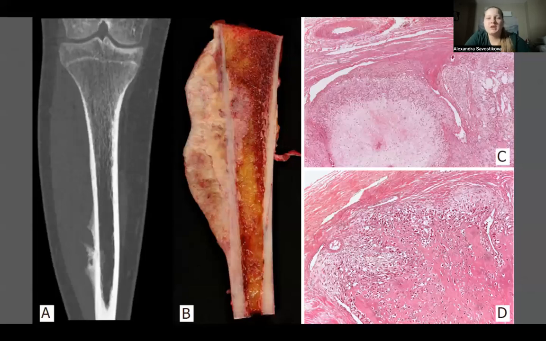I will mention there is a trigger warning for the next image. It is a little gory. So this is another image of periosteal osteosarcoma. If we see over here in image A, you can see that it's protruding over on this side and kind of visualizes what the tumor is looking like. This is after that entire area has been removed.